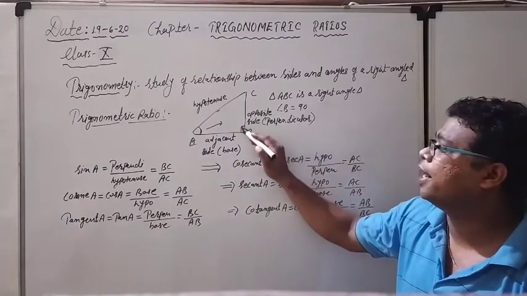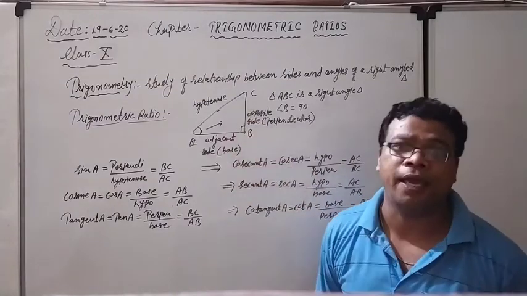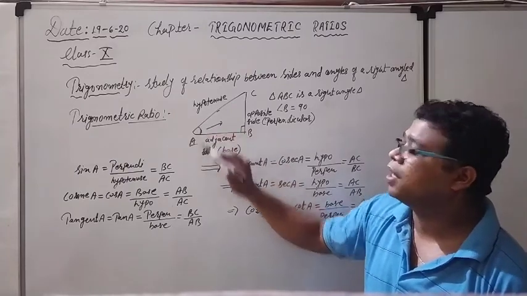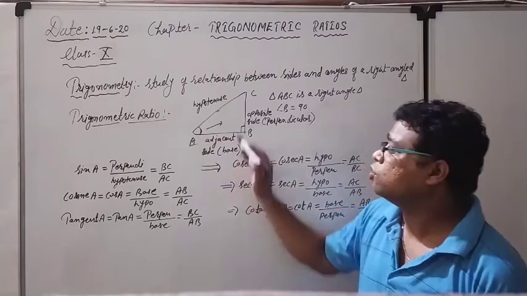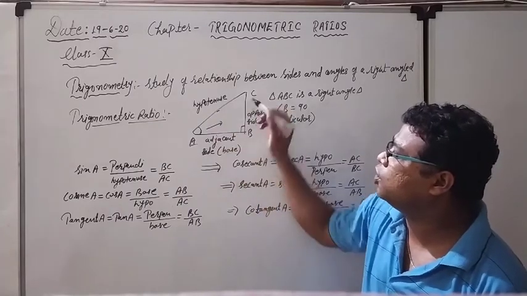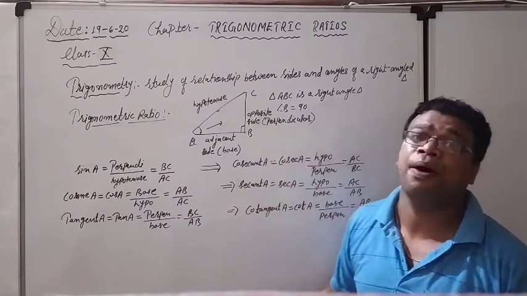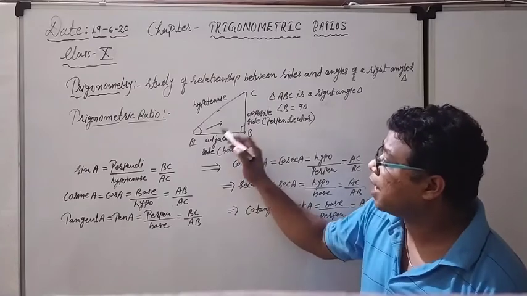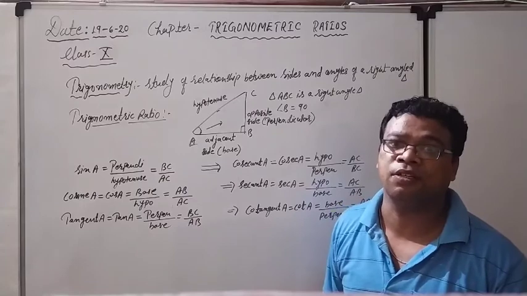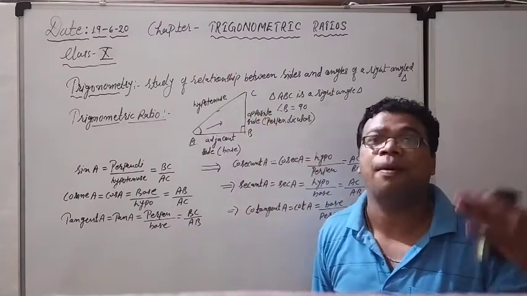Angle B is already the right angle, so there are 2 acute angles, either angle C or angle A. Whatever the angle in my consideration, the side which is just opposite to it will always be considered the perpendicular, and the side which is just attached to that particular angle is known as the base.